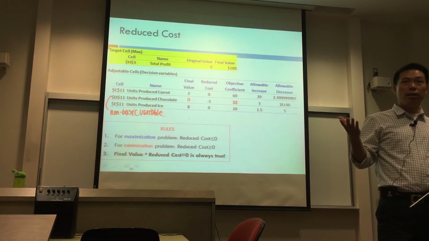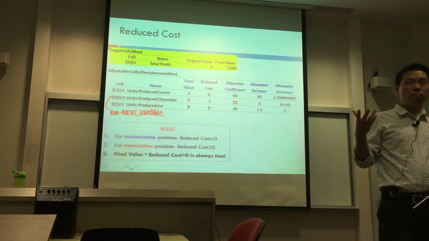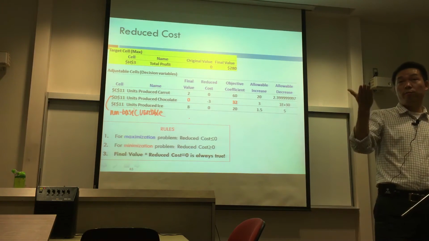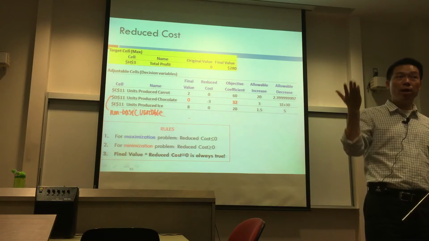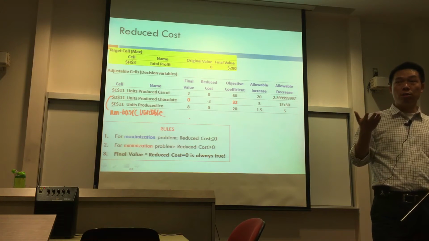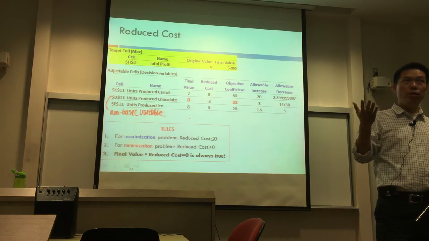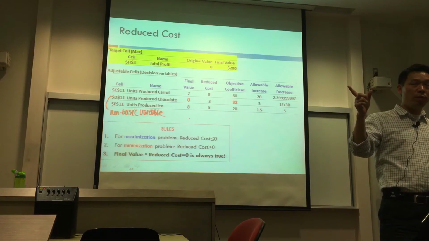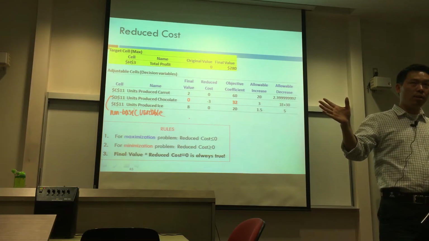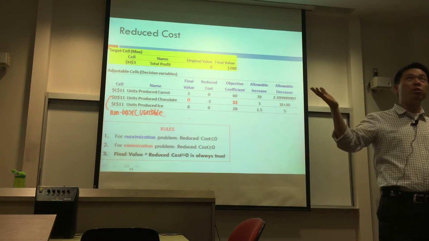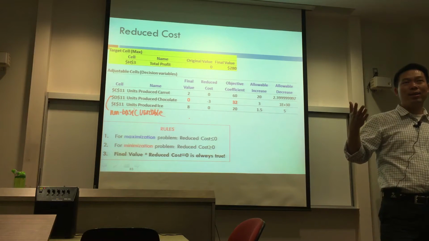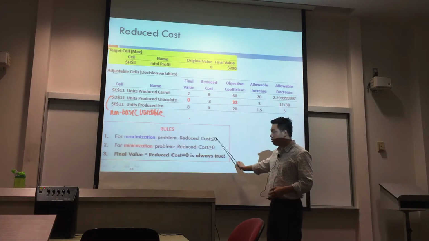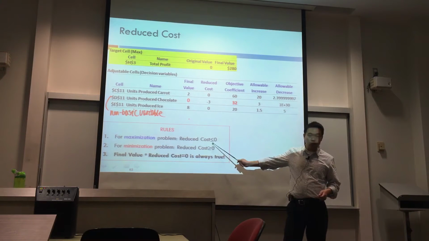When do you start to produce something? That's when the profit margin increases, right? In other words, you do that when the reduced cost is negative. Increasing profit by a positive amount is the same thing as reducing the profit margin by a negative amount, right? So it makes sense, right?